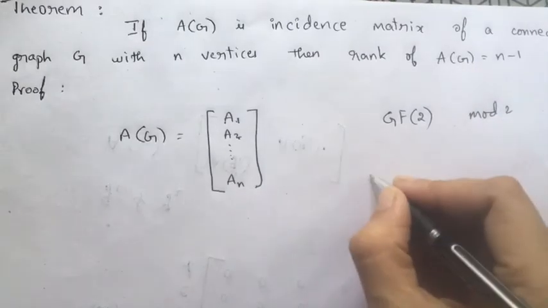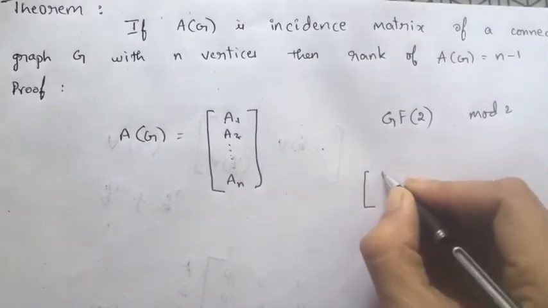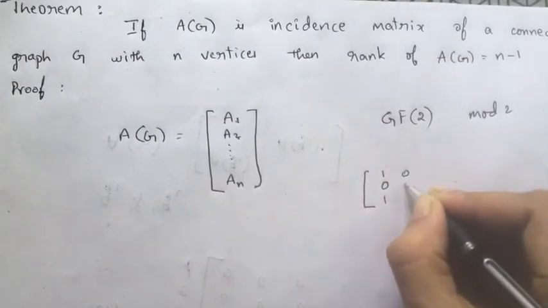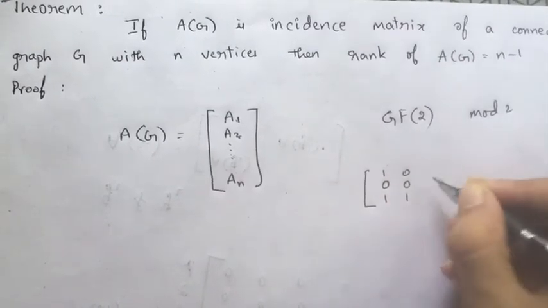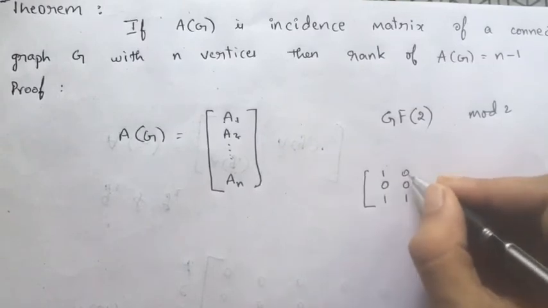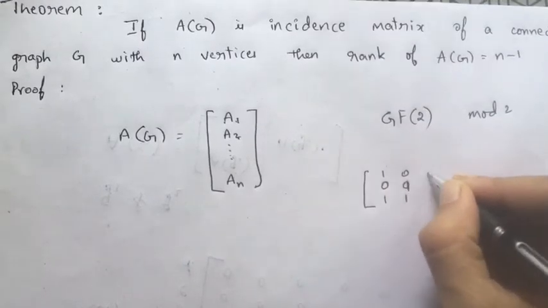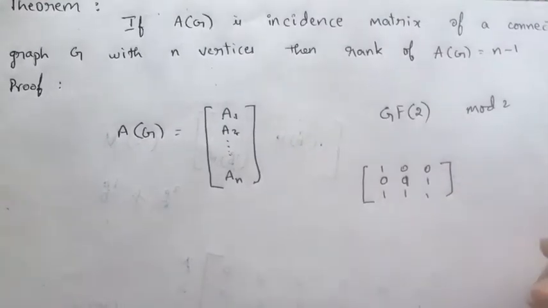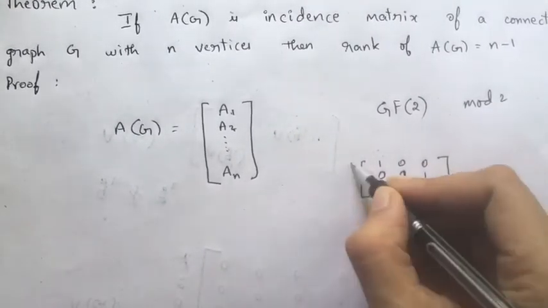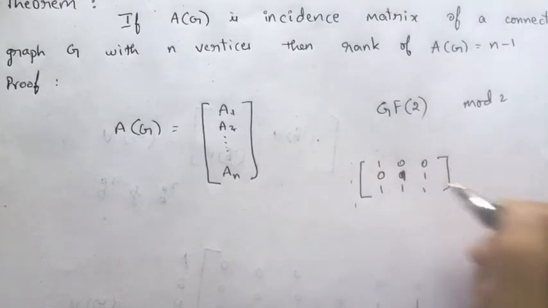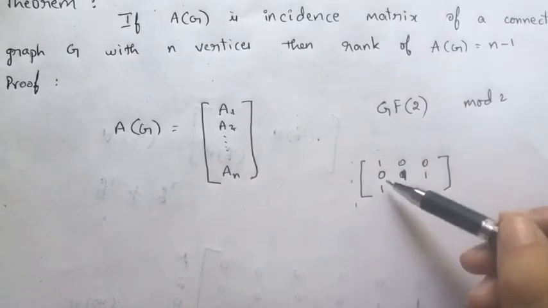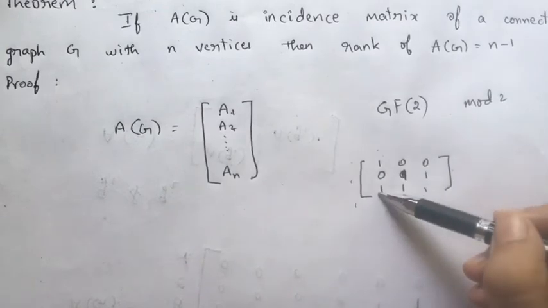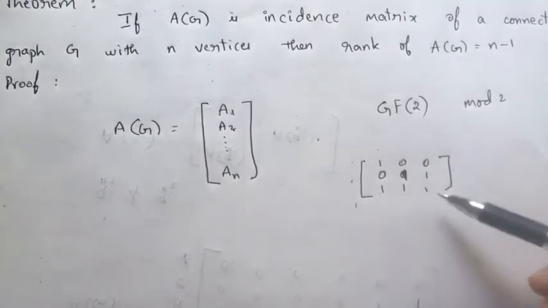For example, if I take 1, 0, 1, 0, 0, 1, 0, 1, 1, where this represents edges and this represents vertices, now when I take the sum of these column entries, 1 plus 1 is 2, 1 plus 1 is 2, 1 plus 1 is 2.